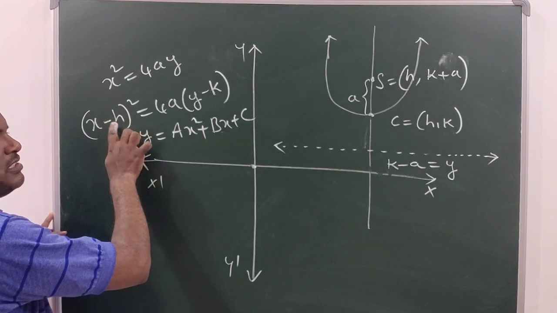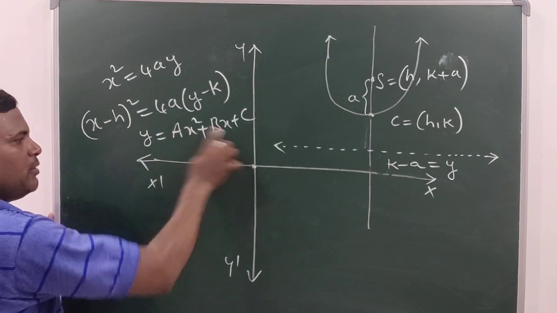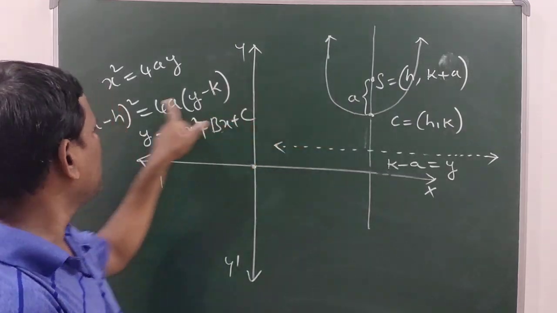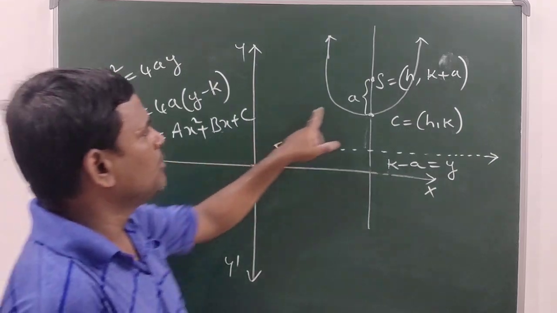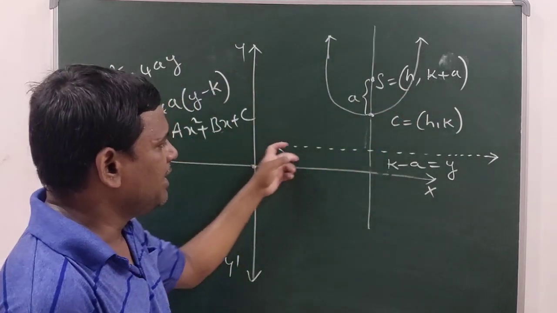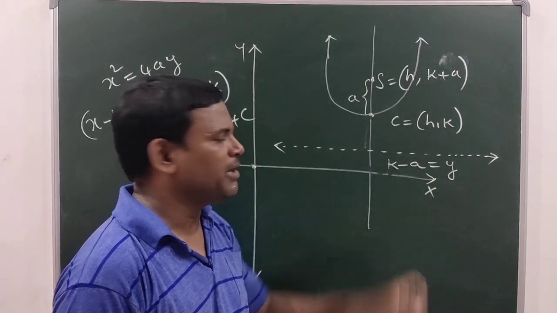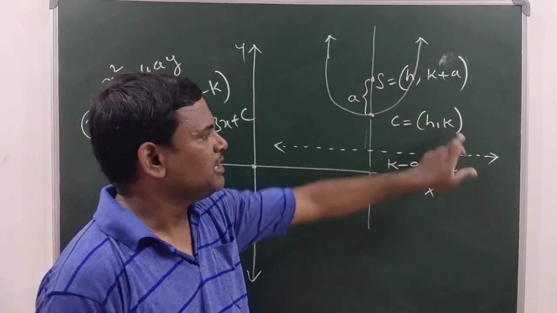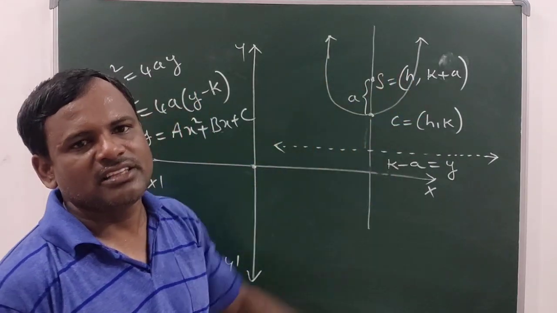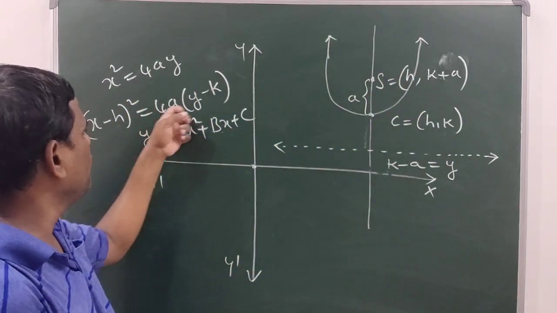So the equation of this parabola is this, whose focus coordinates are h comma k plus a, directrix is y equal to k minus a, vertex is h comma k, and no change will come in the length of the latus rectum. 4a only you will get.